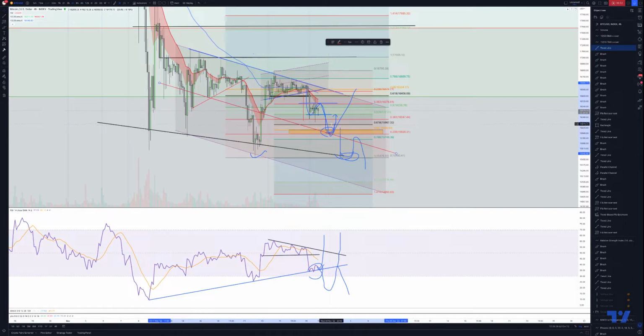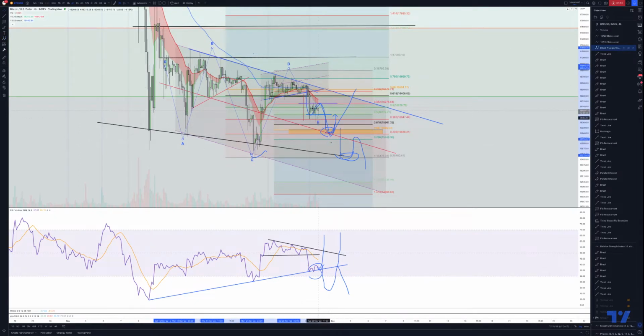How much? That's up to you. This is just a trade, not the macro. I still believe on the macro we are likely to come down, but for the short term, we still might make some good moves. And this is the confirmation that we break that. So if we were to count this as a bullish structure, that's our A, B, C, D, and that could be our E, or that could be our E. One of these, I like this one the most.